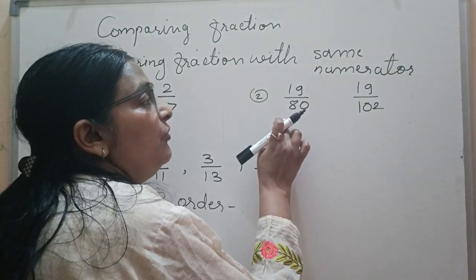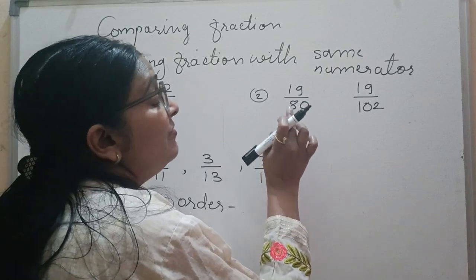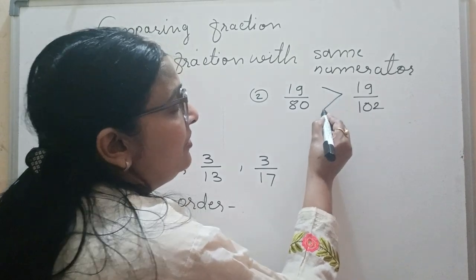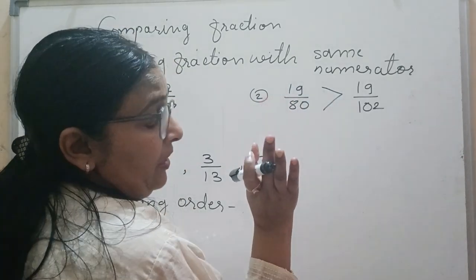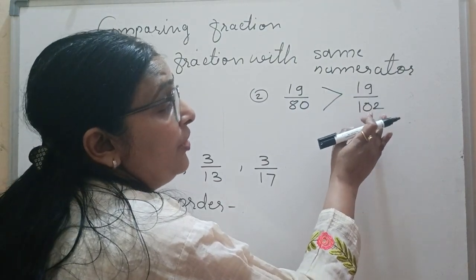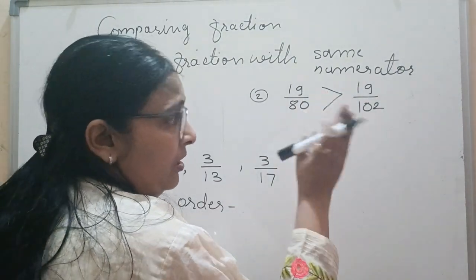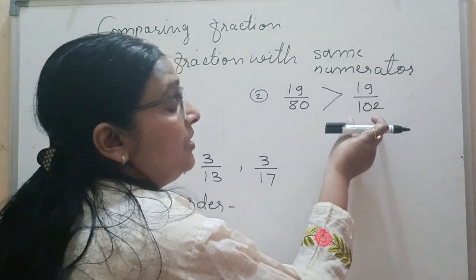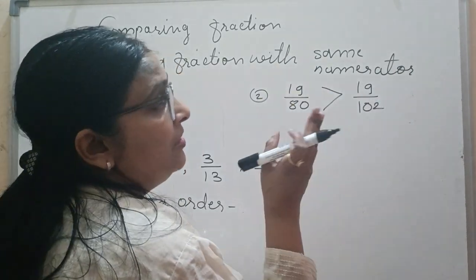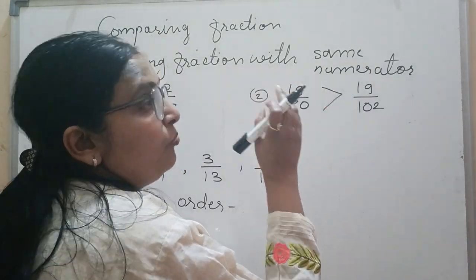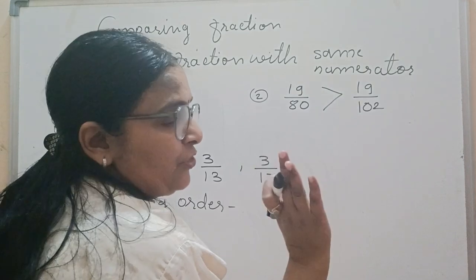And which one is the greater fraction then? The one having the smaller denominator. So which fraction is greater here? 19 by 80 is greater than 19 by 102. Got it? Why? Because here the denominator is greater. Whichever denominator is greater, that fraction will be the smaller fraction.